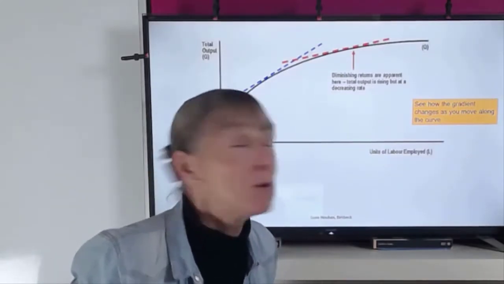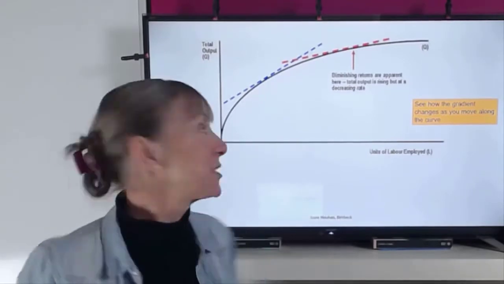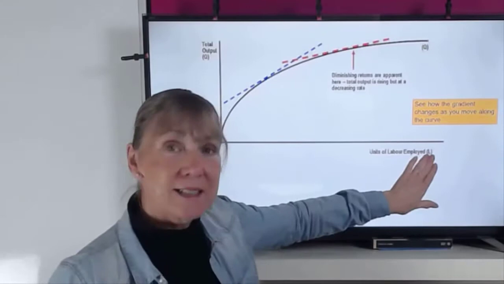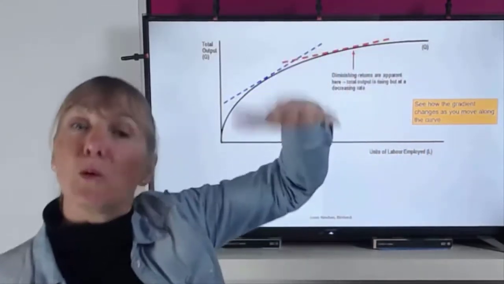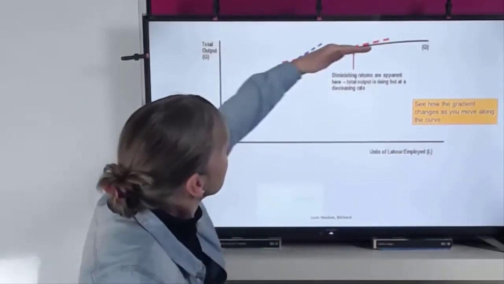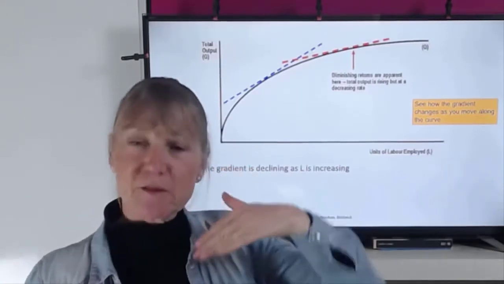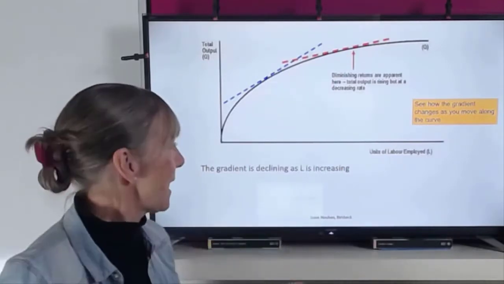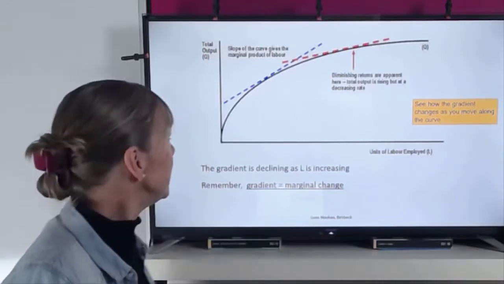But let's look at an economic curve. Here's total output, production function. And what do we see? We see that as we increase labour, total output's going up, but it starts going up more slowly, because look what's happening to the gradient. The gradient is declining. The level of steepness of the gradient is declining as we add headcount, as we add workers. And remember that gradient equals marginal change.